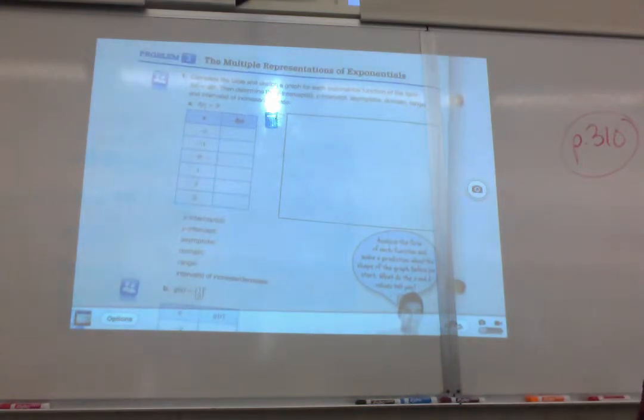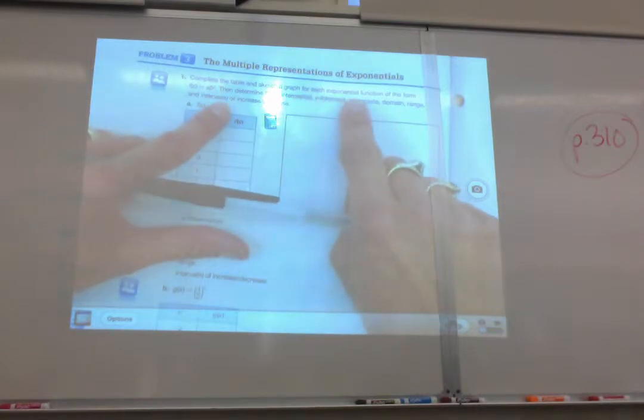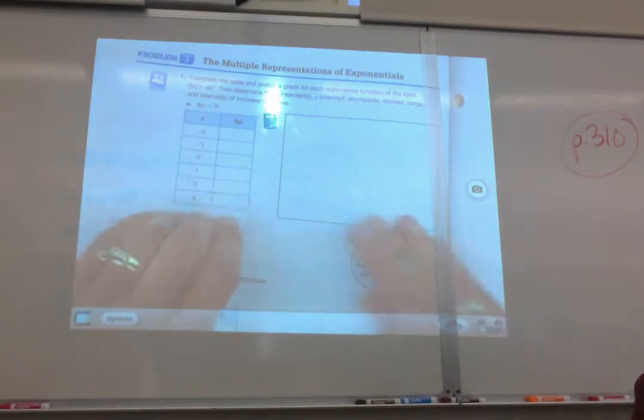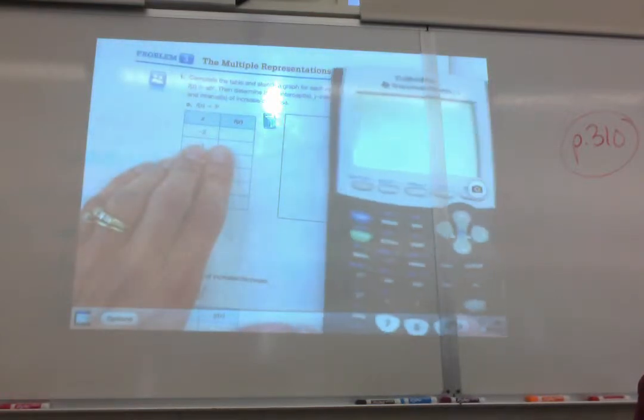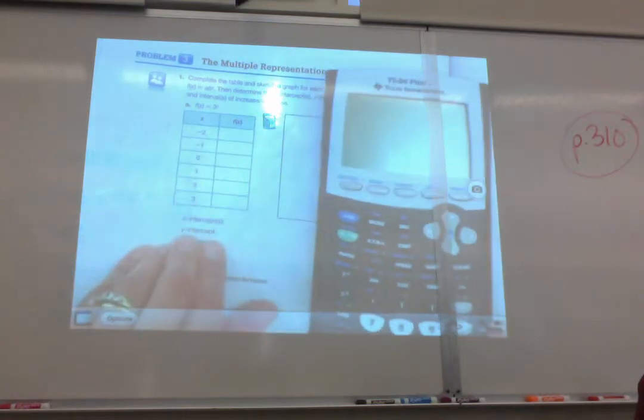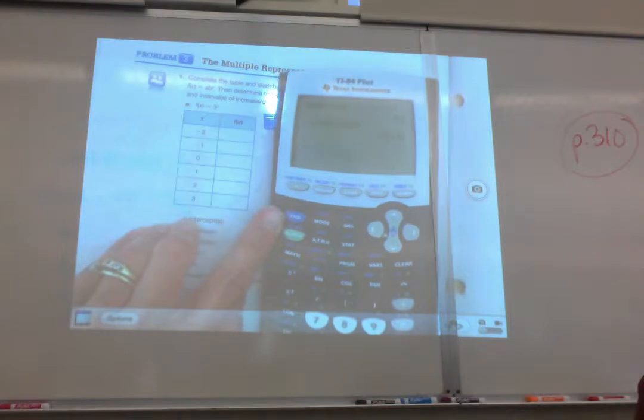All right. Complete the table and sketch the graph for each exponential function. Here we go. First, let's complete the table on clear.